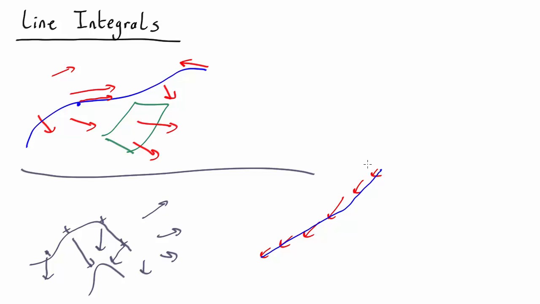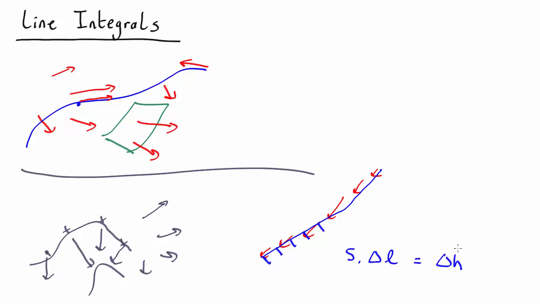You can work out how much your height is changing. What you do is you divide your walk into steps, which might be 1 meter long or something like that. For each step, you work out the slope, which might be, say, 10%, times the length of that step, delta L, and that gives you the change in height.